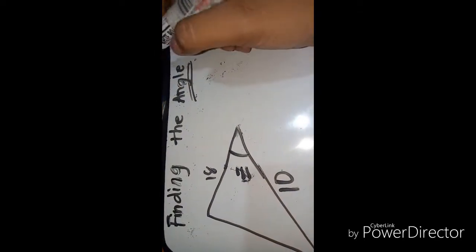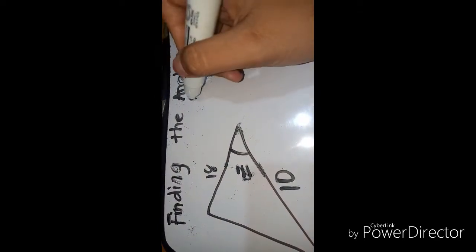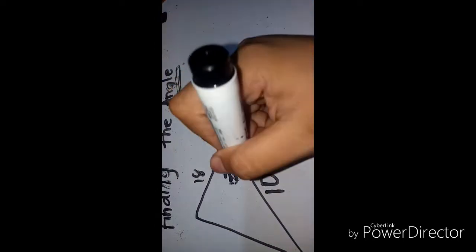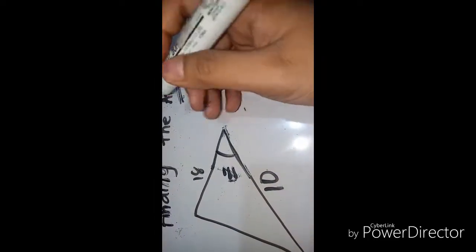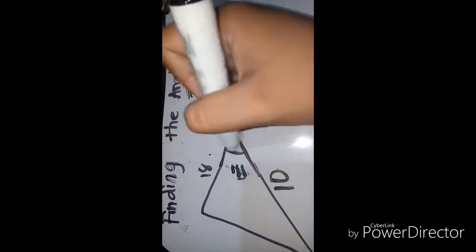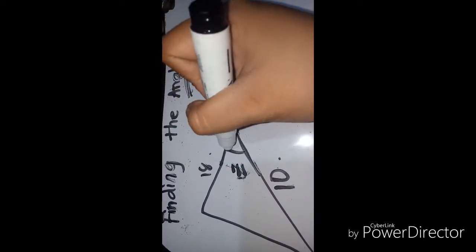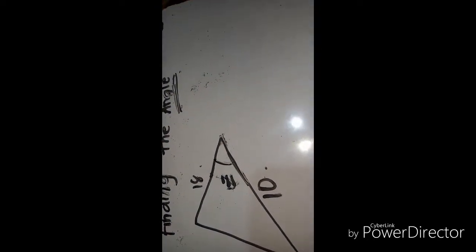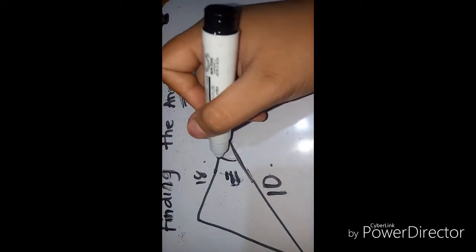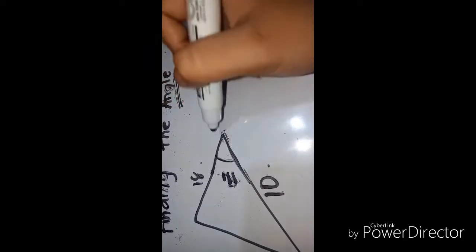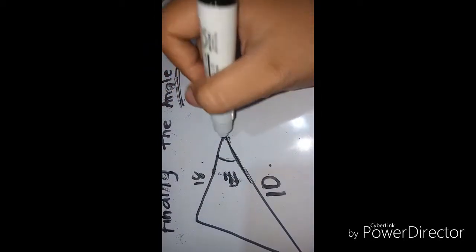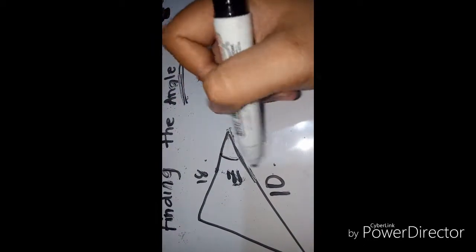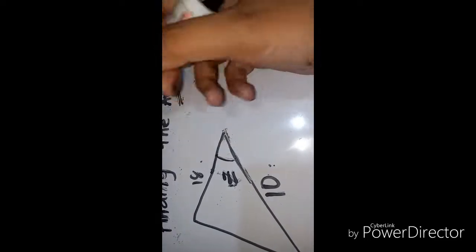Now we'll proceed to finding the angle of the triangle using SOHCAHTOA. I have here the example. The given are 18 and 10, and the unknown will be the angle. We will identify on this drawing which sides of the given they belong to.